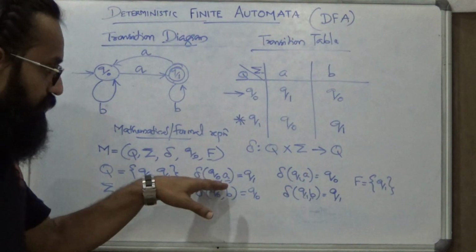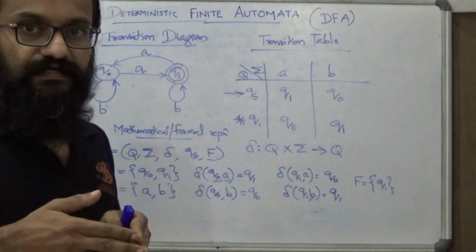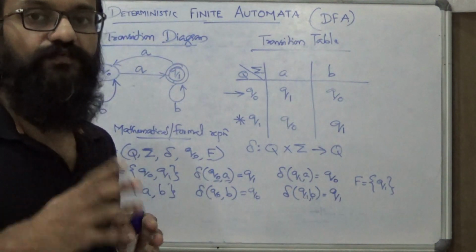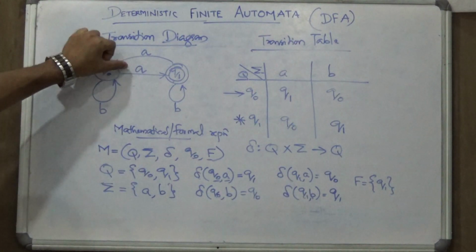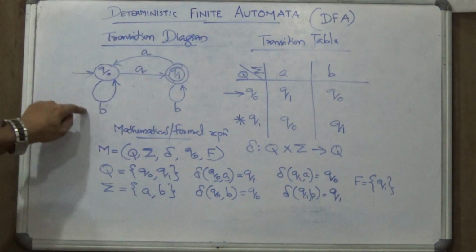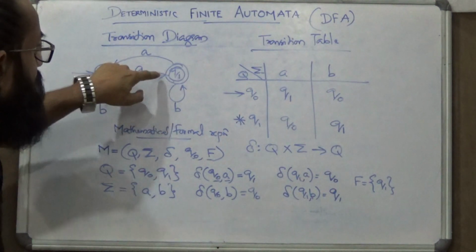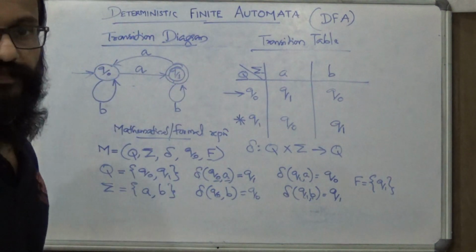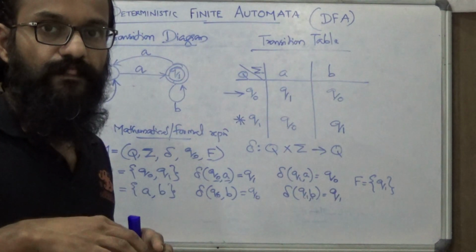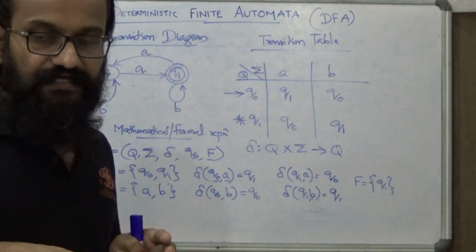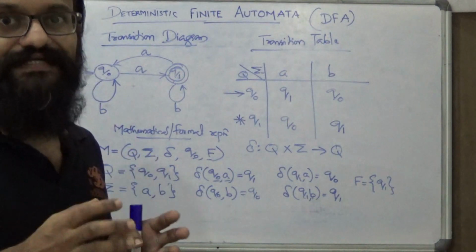If we look into this transition function, for each state there exists a unique transition for each input symbol. I will make it clear. If I take Q0, it has exactly one A transition and exactly one B transition. If I take Q1, there exists exactly one A transition and exactly one B transition. So since there exists a unique transition for each and every state for all the input symbols, this model is termed a deterministic model.